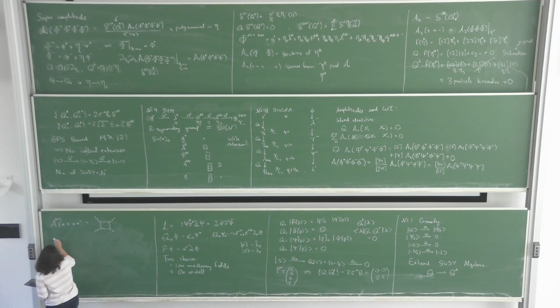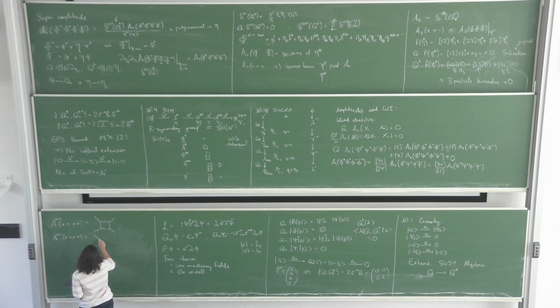For N equals 1, you could think of this as having contributions from a fermion and from the gluons.